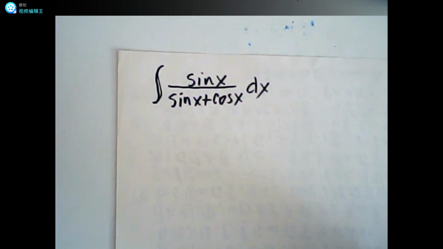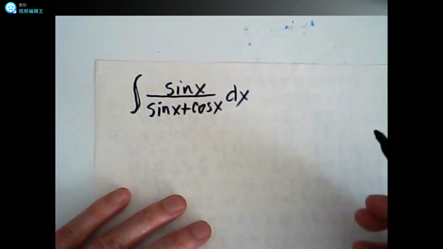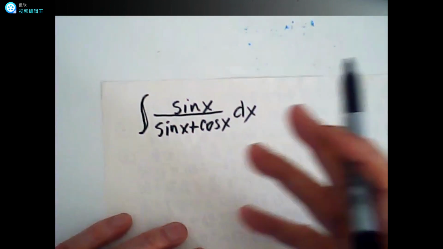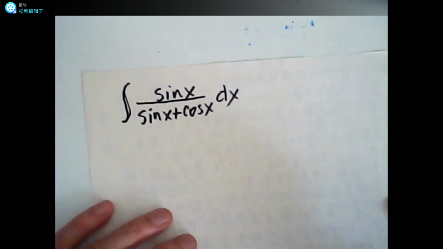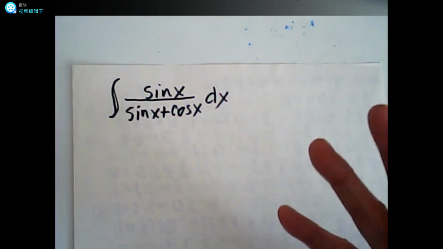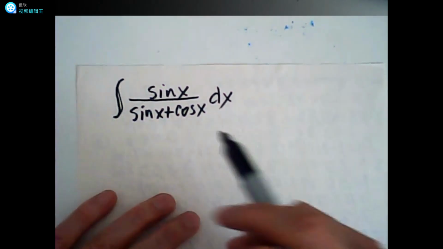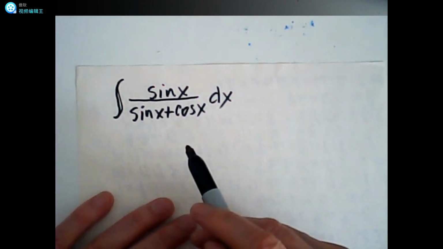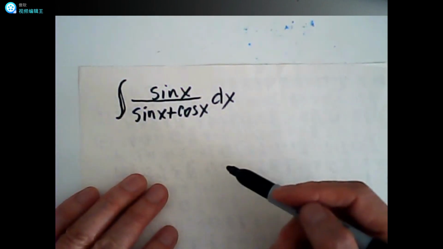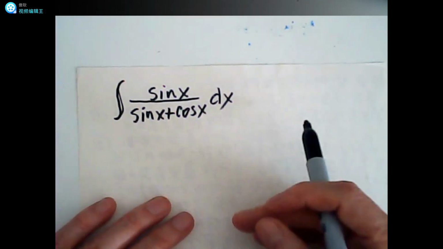The above 3 methods are very commonly used. You can straightforwardly integrate them, or you can use substitution, or you can use complex numbers. But furthermore, certain integral functions can have a special treatment.